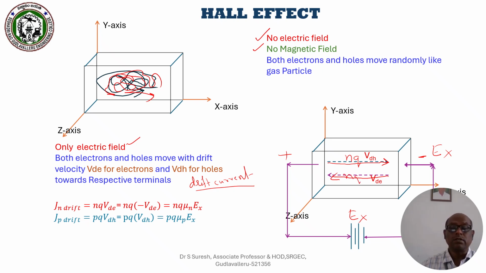So Jn drift is equal to nq VDE. But velocity is proportional to the applied electric field: V is equal to mu E. Substituting VDE, we get Jn drift as nq mu n Ex. Similarly, for Jp drift, it is pq VDH, that is pq mu p Ex.